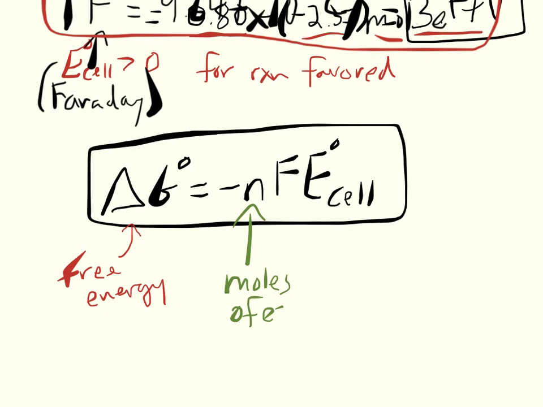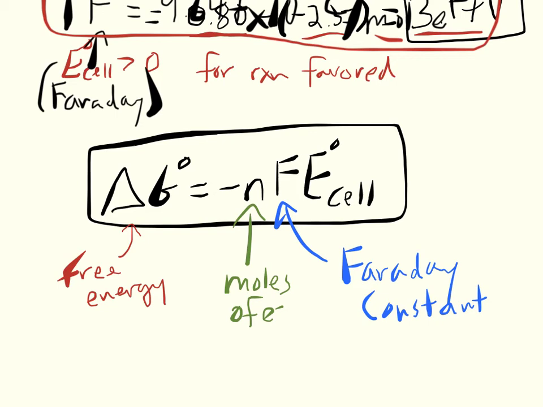F is equal to the Faraday constant, which you wrote down above, 9.647 times 10 to the fourth. And E naught cell is going to be the standard reduction potential, which we can calculate for the cell if we know the standard reduction potentials for the half cell reactions.